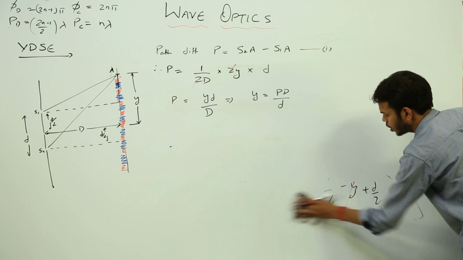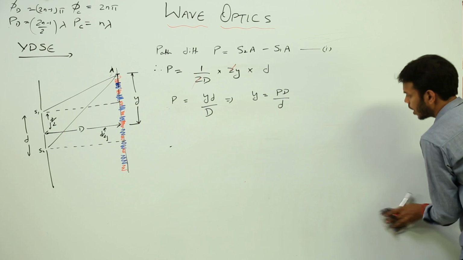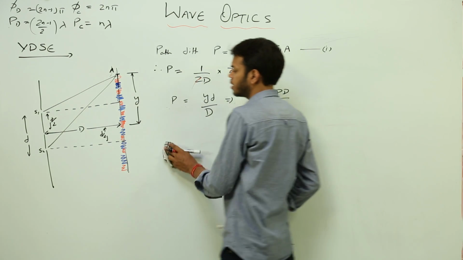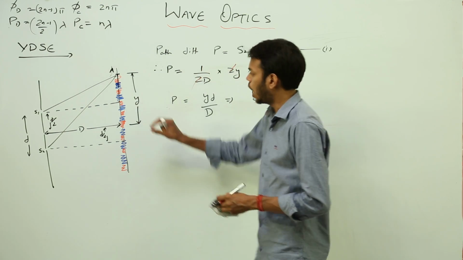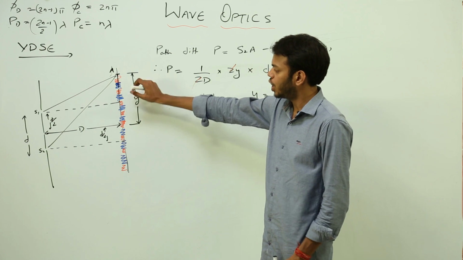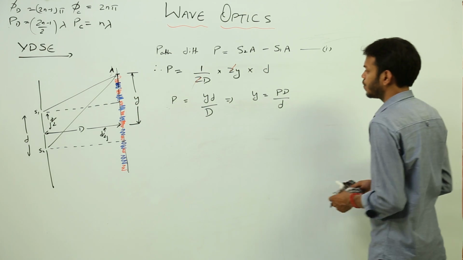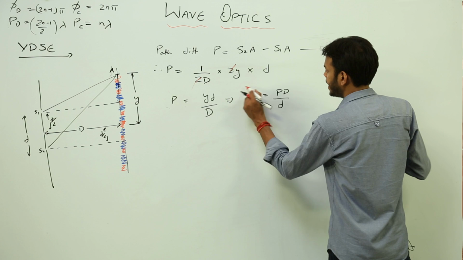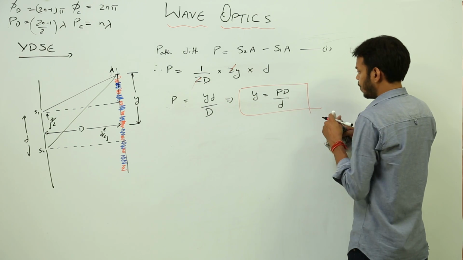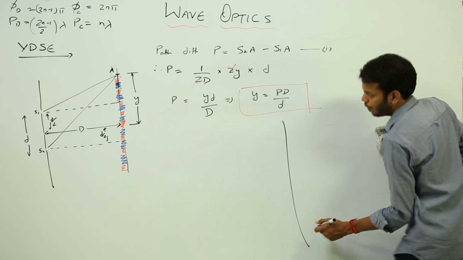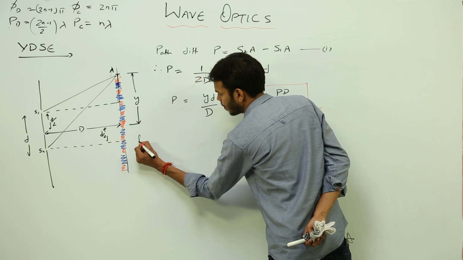See, how do we proceed now? Because our ultimate goal is to find an expression for fringe width, that is, the breadth of the fringes we have just obtained. So this is the expression from which we will do two things separately.